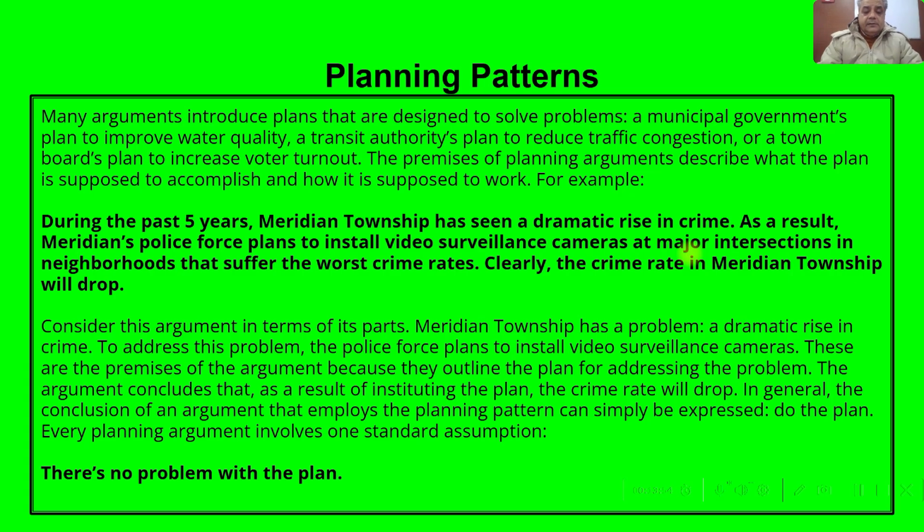So obviously the Meridian Township's police force's assumption was that there is no problem with their plan, but as we have seen that there definitely are problems with their plan, and that's why this plan is not good.